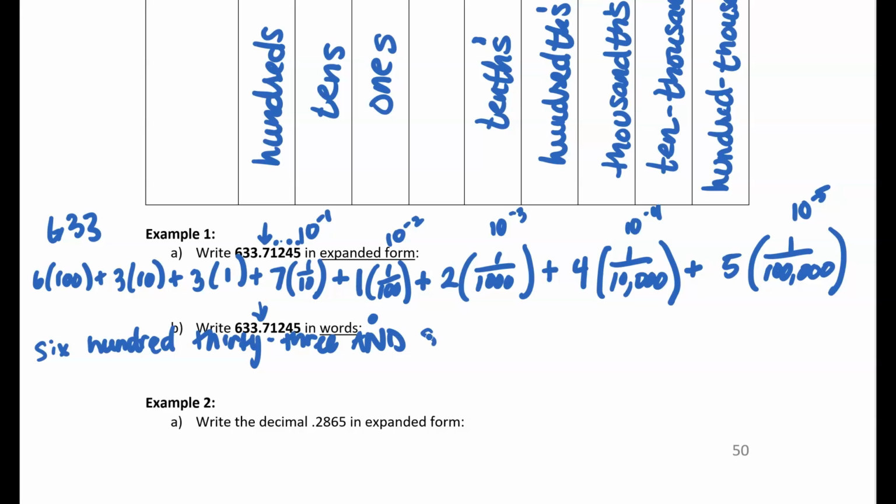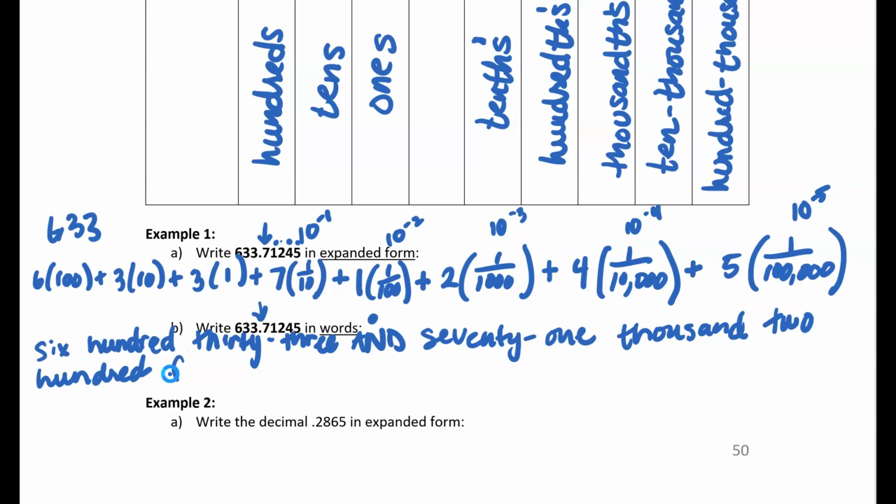So it'd be 71,000, whoops, two is not spelled that way, 245. Okay, so we've got 71,245, and then you're going to look at the last place value.